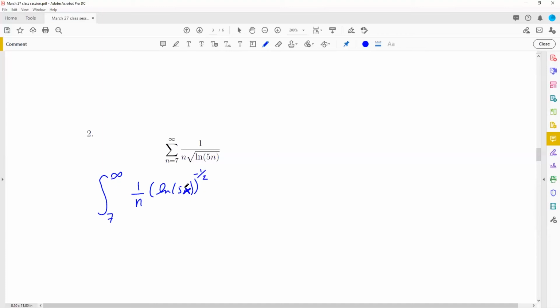It's an integral, so I should use x. dx. Okay, so anybody know what the integral is going to be? Anybody?